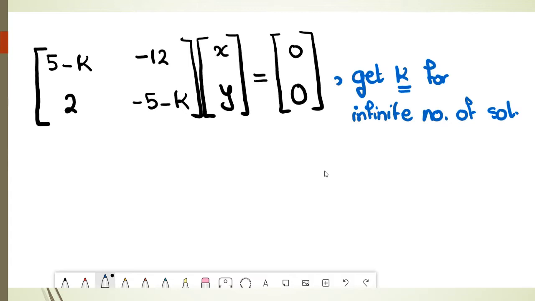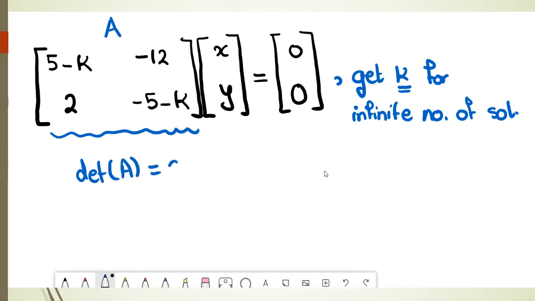If we consider this matrix as A, all we need to do is to get det A and equal it to 0, and then solve this for K. So let's do this together.